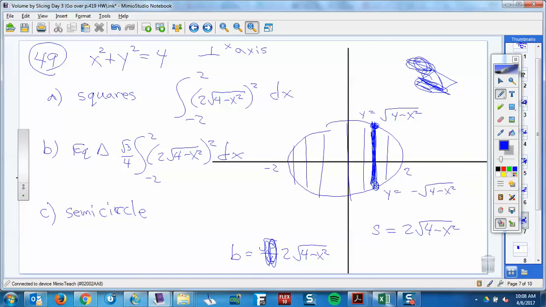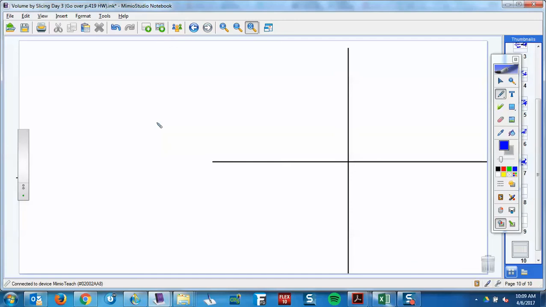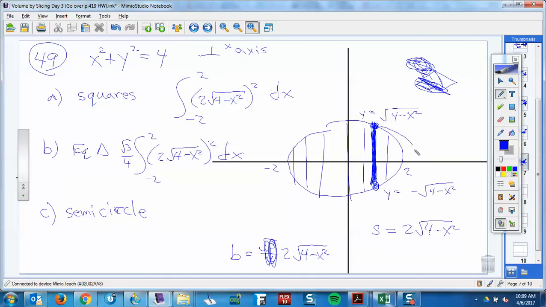What part of the semicircle is this strip? It's the diameter of that semicircle. So, coming up off of here is a semicircle. That strip is the diameter. So, we would say D is equal to 2 square root of 4 minus x squared.